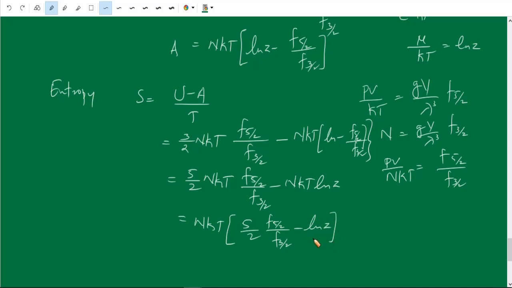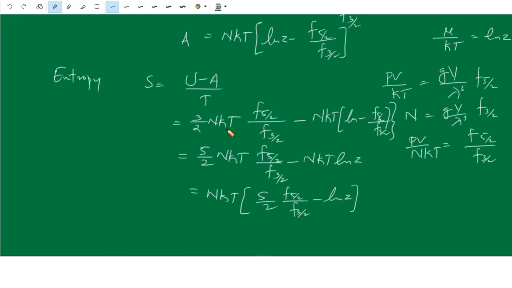Okay. Actually, we have to divide here by T. 1 by T is there, here also 1 by T is there.